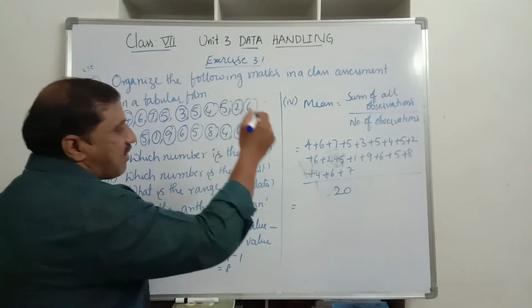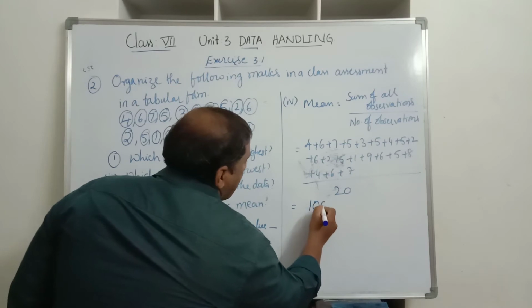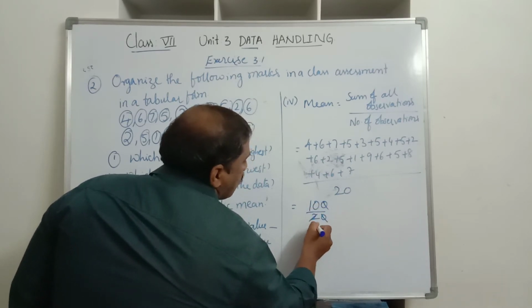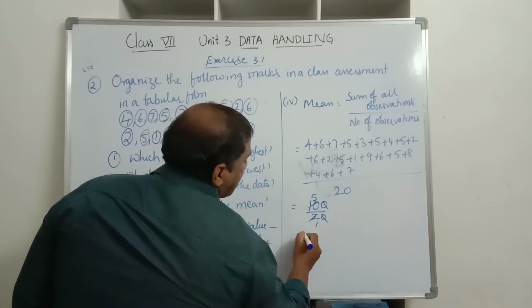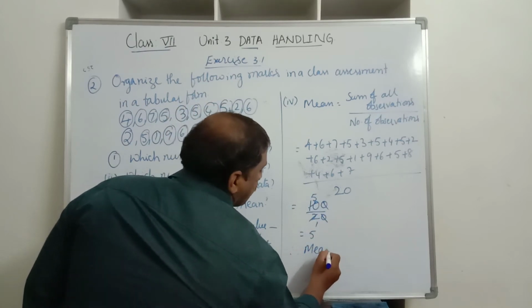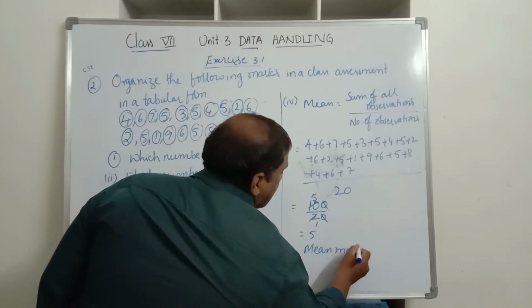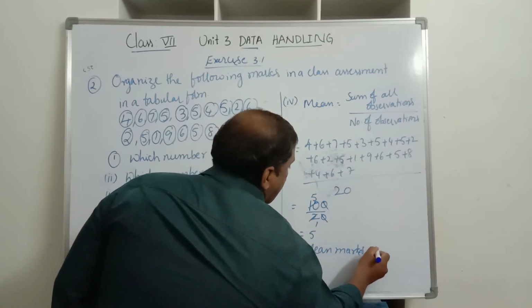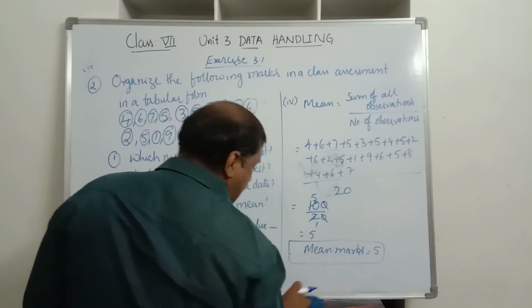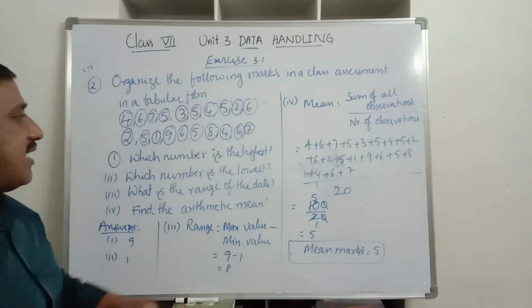So what is the sum of all observations we got? 100 divided by 20. 0 and 0 are cancelled. 2 fives are 10, that is equal to 5. Therefore mean marks is equal to 5. Mean marks of the class test is 5.